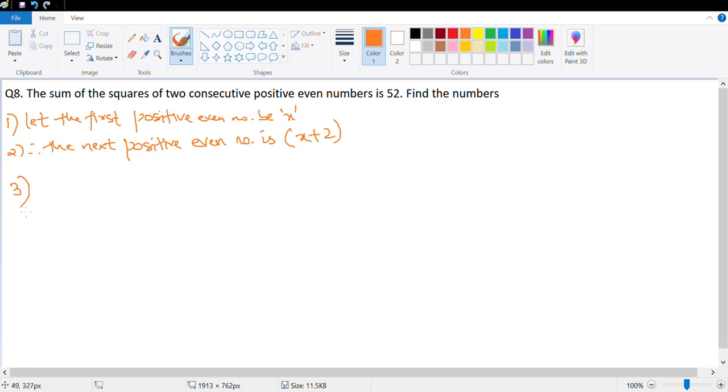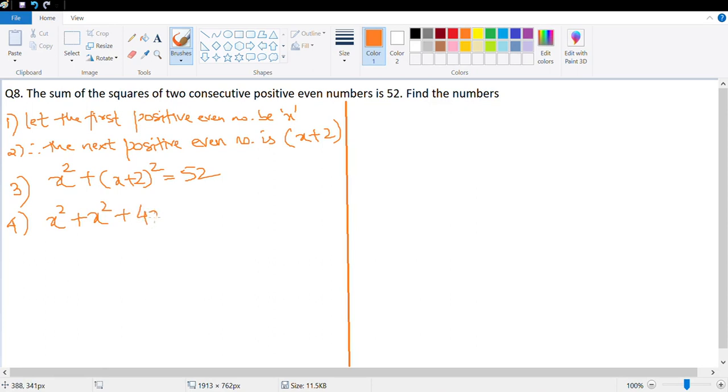Let's see the relationship given. Sum of the squares, which means x square plus x plus 2 the whole square is 52. Now let's open the bracket. The breakup of x plus 2 whole square is x square plus 4x plus 4, and this is given equal to 52.